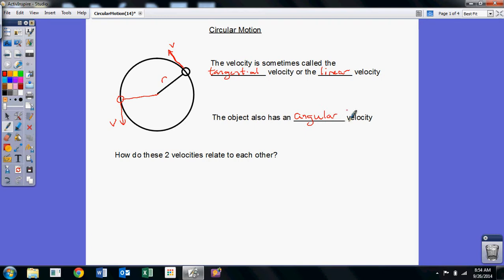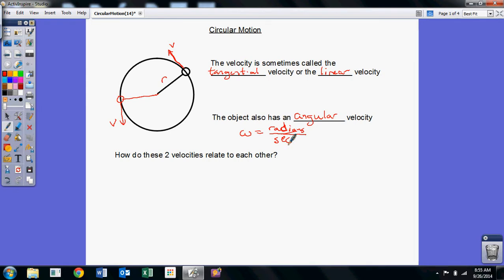The angular velocity is signified by the small Greek letter omega, and that's the number of radians per second that it sweeps out. So that's omega.